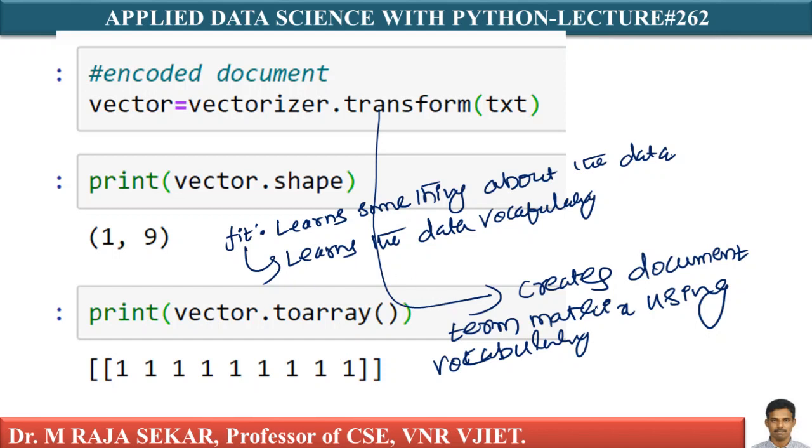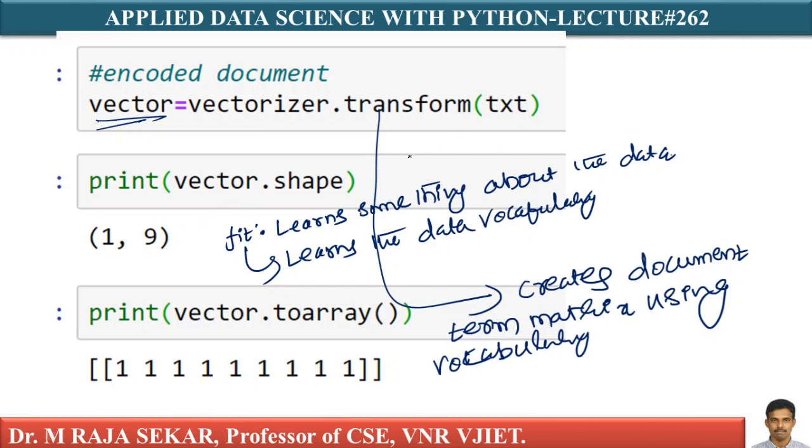Therefore, transform creates document term matrix. What does it mean? Just see, vectorizer dot transform txt. It will create document term matrix. We are keeping this in vector. Vector dot shape means how many rows.